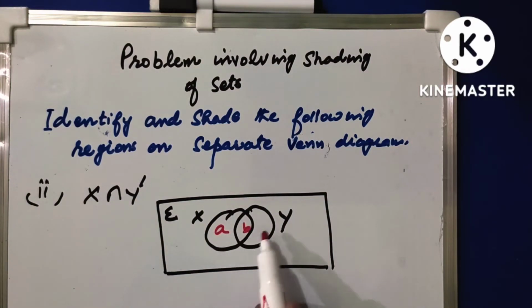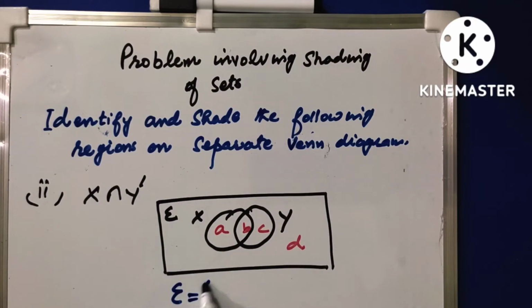I take A, B, C, D. Now I can list the elements one by one. Universal set is A, B, C, D. We have to write all elements.